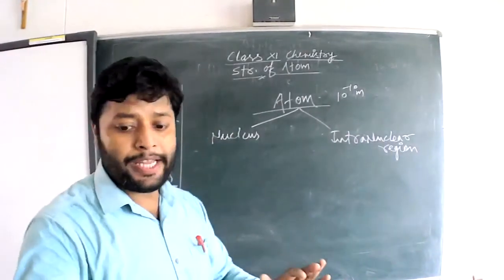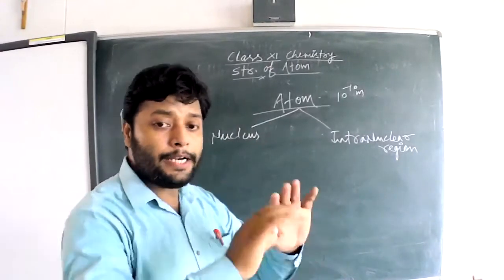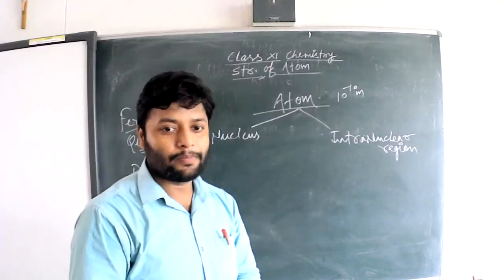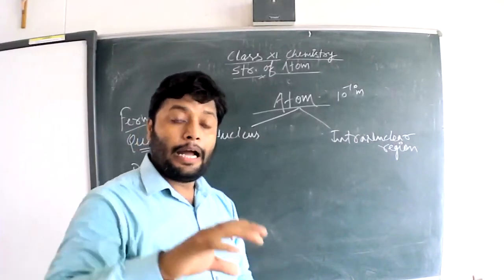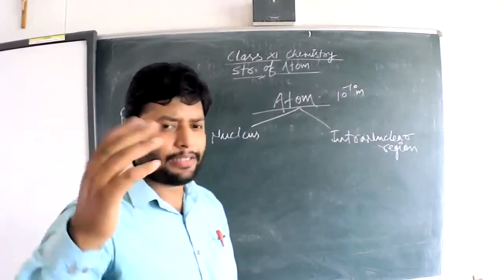Atom is made up of 2 things: the nucleus, the center of the atom, and the intranuclear region. Other things belonging to the particles I will explain in another class.